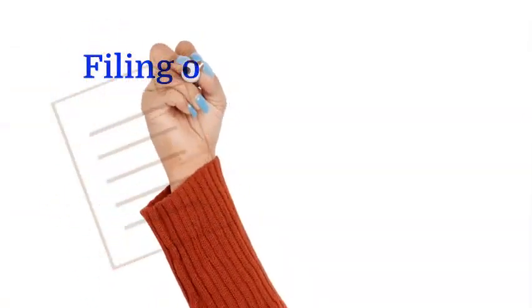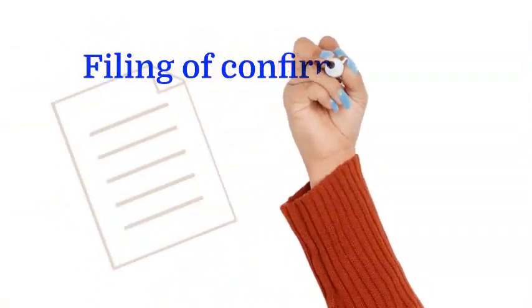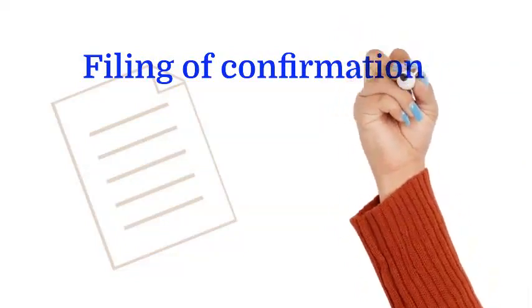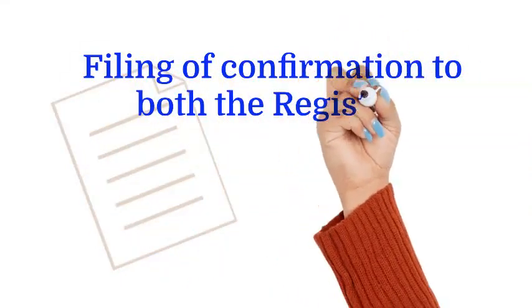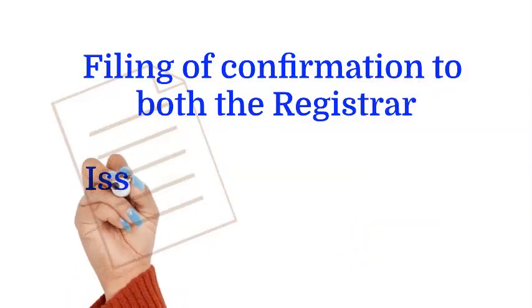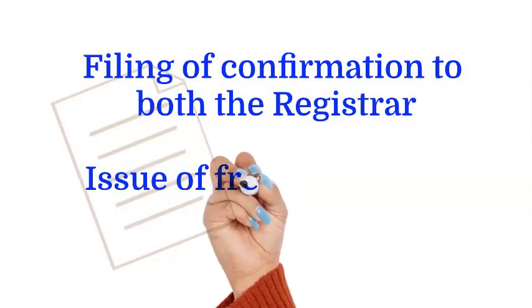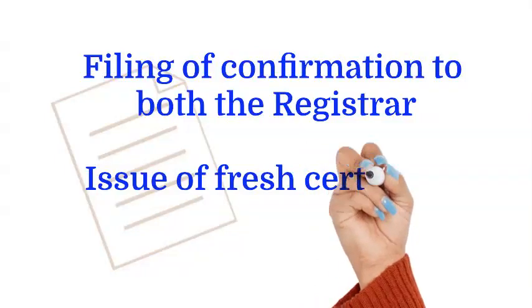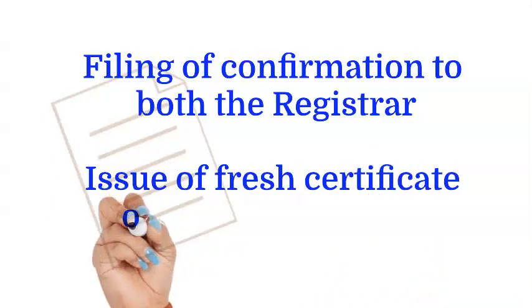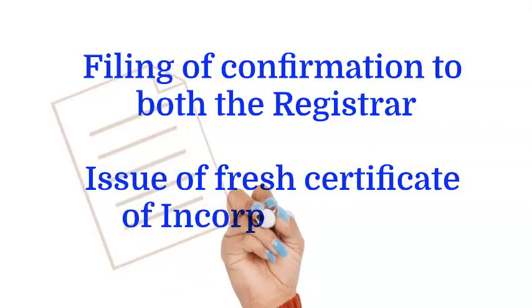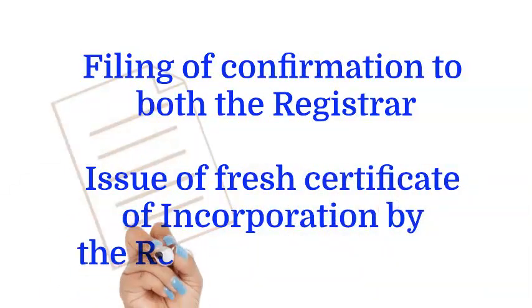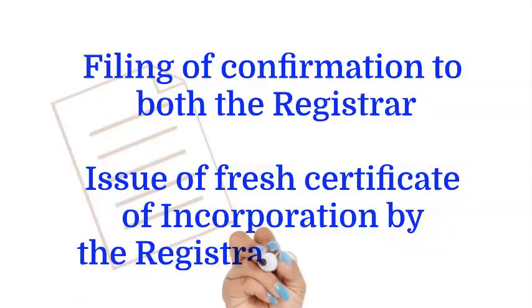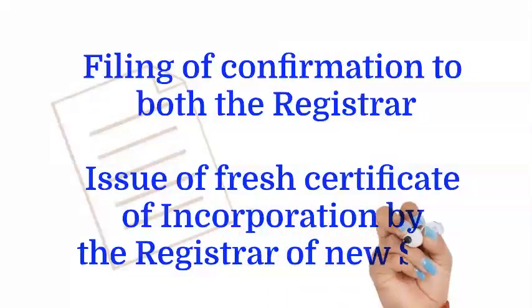The company has to inform about the confirmation received from the central government within 30 days to both the registrars, meaning the previous registrar and the new registrar. The registrar of the new state, where the registered office is being shifted, shall issue a fresh certificate of incorporation within 30 days.